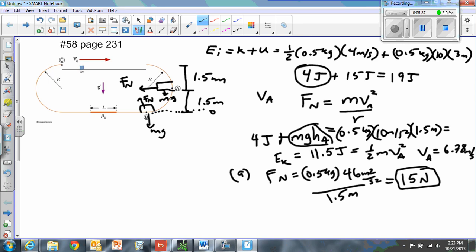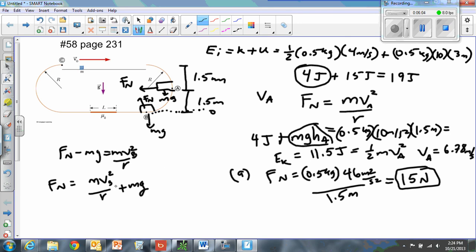This is still going in a circle until it gets way past B. It's still considered centripetal. So this is going to be Fn minus mg equals m v squared over r. This is going to be vB. So Fn is going to equal m vB squared over r plus mg.